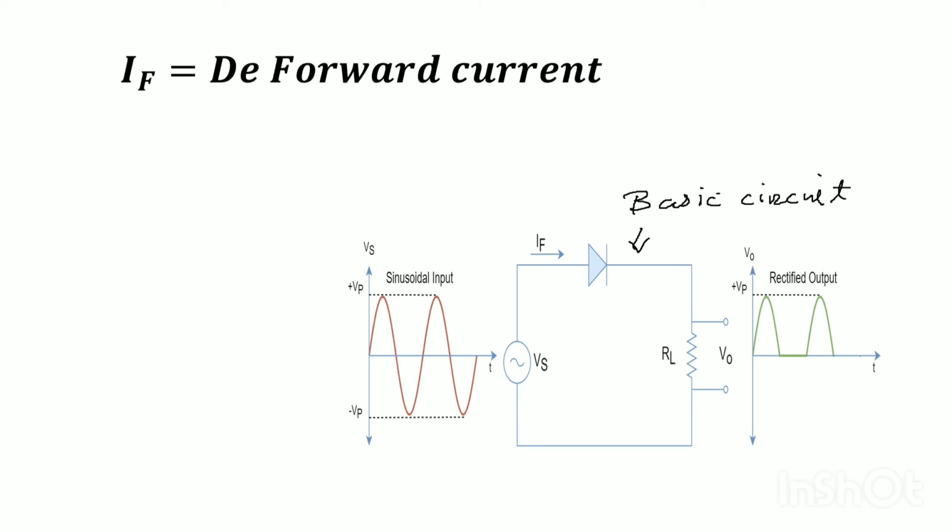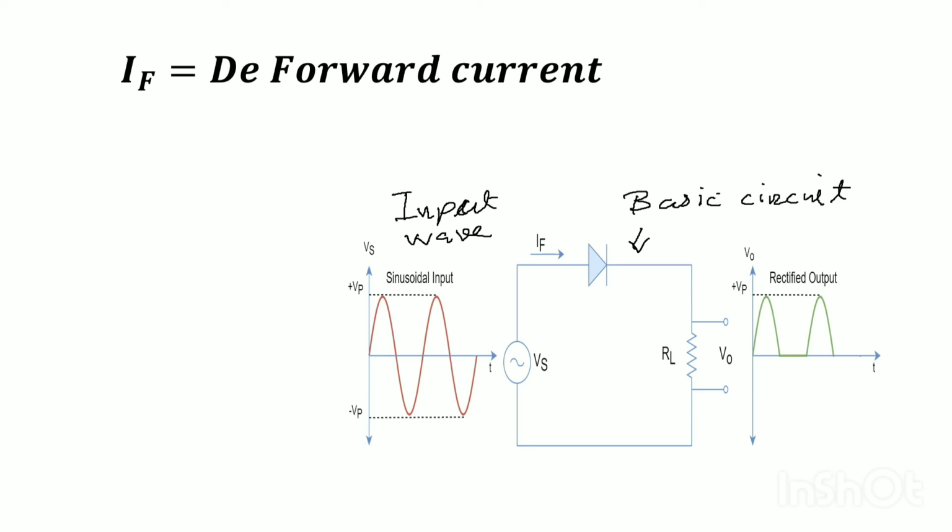You see the diagram of modulation, and this is a basic circuit. Here one is the rectified output, another is the sinusoidal input. This is the modulated signal. Here IF is equal to the diode forward current. This is the basic circuit.